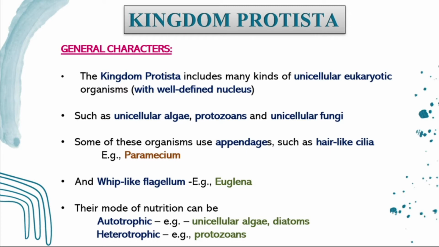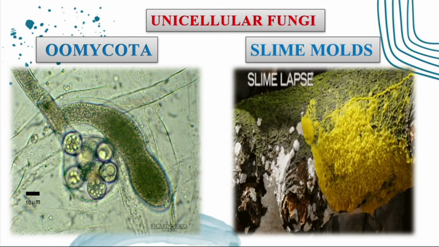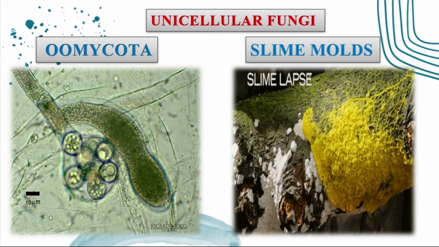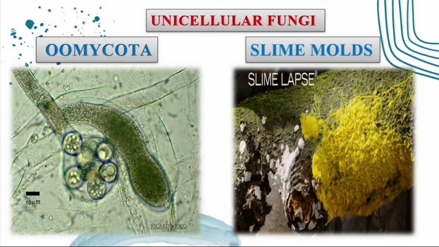Autotrophic, for example unicellular algae like diatoms, and heterotrophic, for example protozoans. Unicellular fungi, that is Oomycota and slime mold, are both unicellular organisms in fungi.